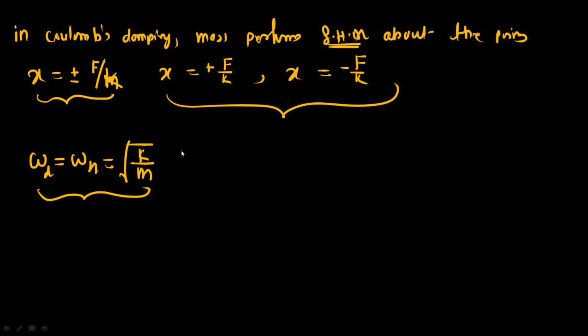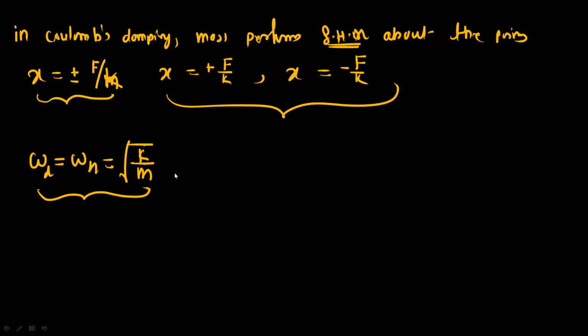Okay, so this is all about Coulomb's damping: the equation of motion, then the reduction per half cycle and per cycle, and the mean position for the cyclic motion. So you have to remember the mean position is not x is equal to 0, but it is x is equal to plus F upon k and x is equal to minus F upon k.